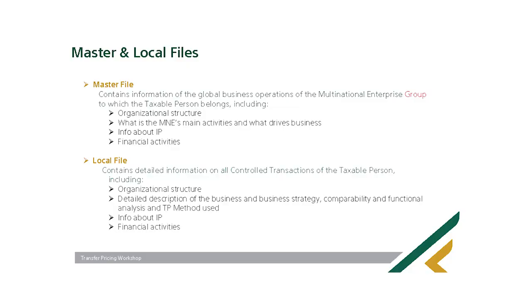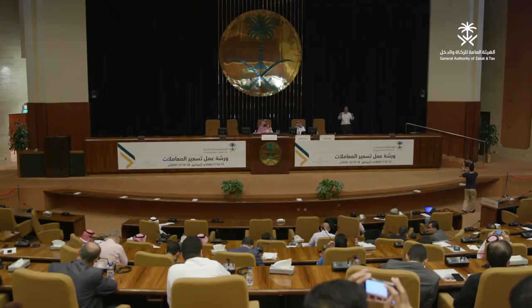Information about IP. In transfer pricing, intellectual property is extremely important. Usually, if you own a valuable intellectual property or intangible, like a trademark or patent, and you're the one in control of that intellectual property, you're also the one that's going to get a high part of the profit of the whole group.